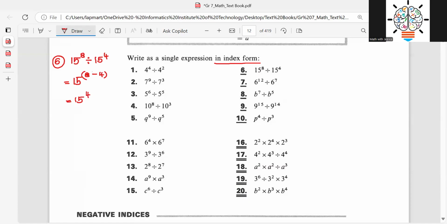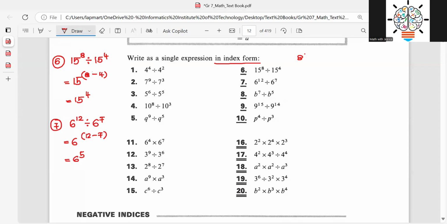8 minus 4 is 4. Then question number 7, 6 to the power 12 divided by 6 to the power of 7. You write 6 to the power of 12 minus 7, and the answer is 6 to the power of 5.